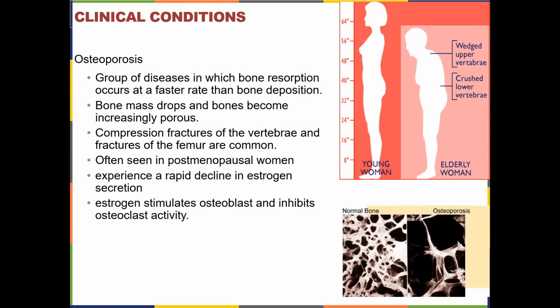And it becomes very hard to move, very difficult to move because of this constant pain in the lower back, and the upper vertebrae have become splayed out in here. Also, you run the risk of fracturing the classic hip fracture at the neck of the femur, because the neck of the femur also looks like the osteoporosis picture on the right.